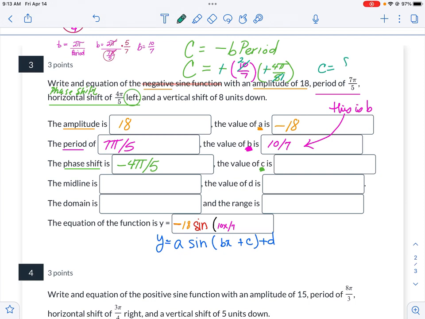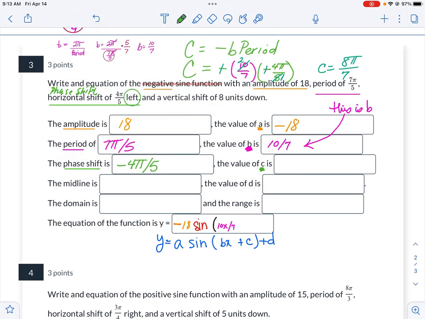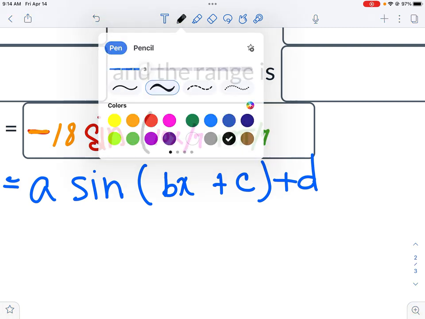So you would have 8 pi over 7. So c is equal to 8 pi over 7. And so here we're going to go plus 8 pi over 7. We're going to close our parenthesis.